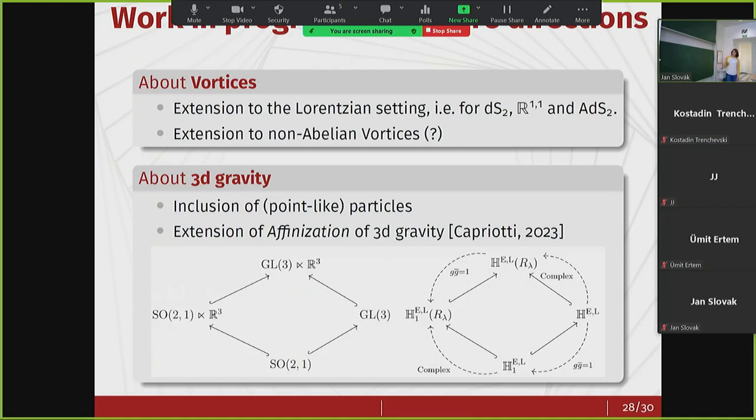And about the 3D gravity, again, I mentioned something that is very well known, but the punchline of that part is that Cartan connections also appear in a natural way in 3-dimensional gravity. And then the first part is actually how to deal, using the Cartan terminology, with the insertion of particles.